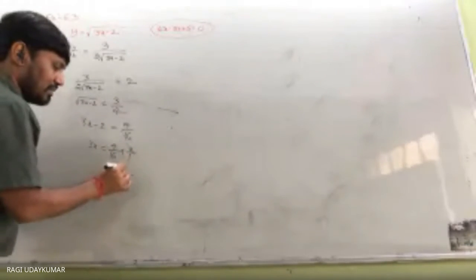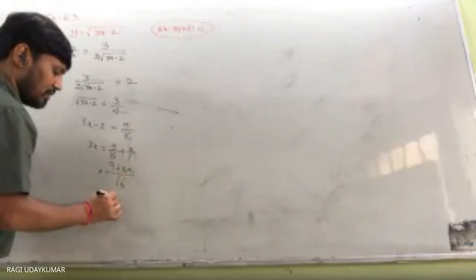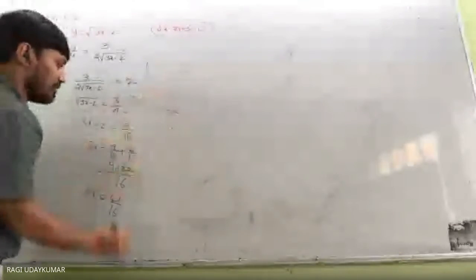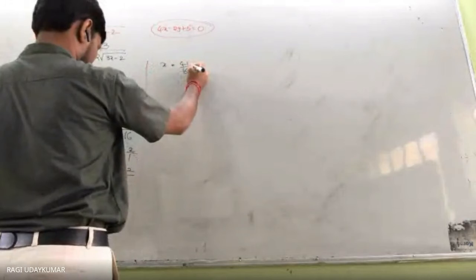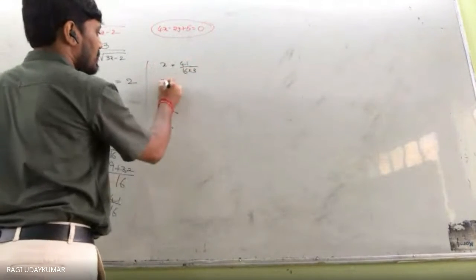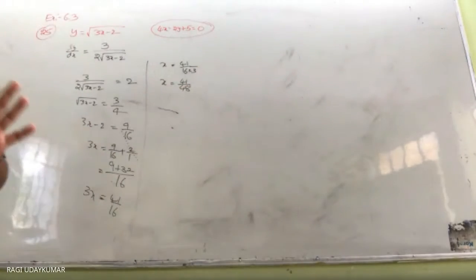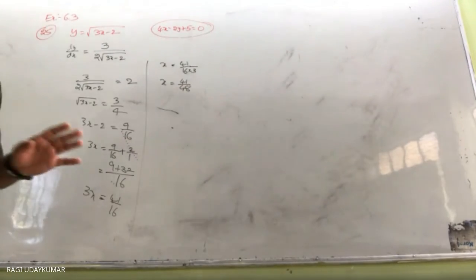So 9 plus 32, what do you get? 41 by 16. 3x is equal to 41 by 16, so x is equal to 41 by 48. The point you are going to get is completely different, 41 by 48.